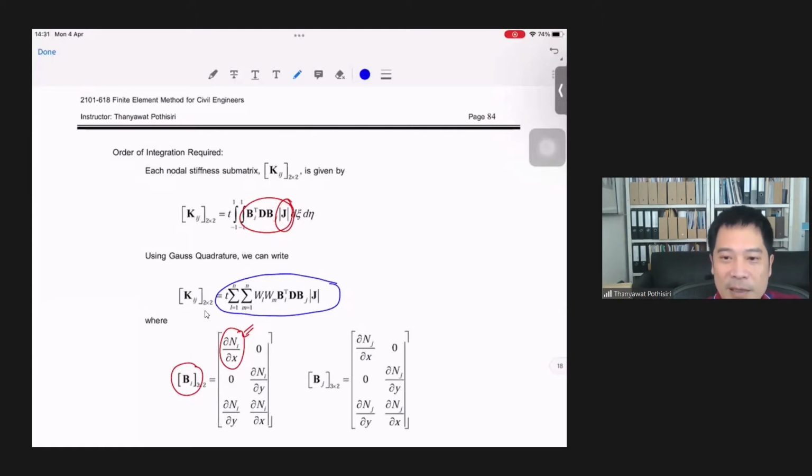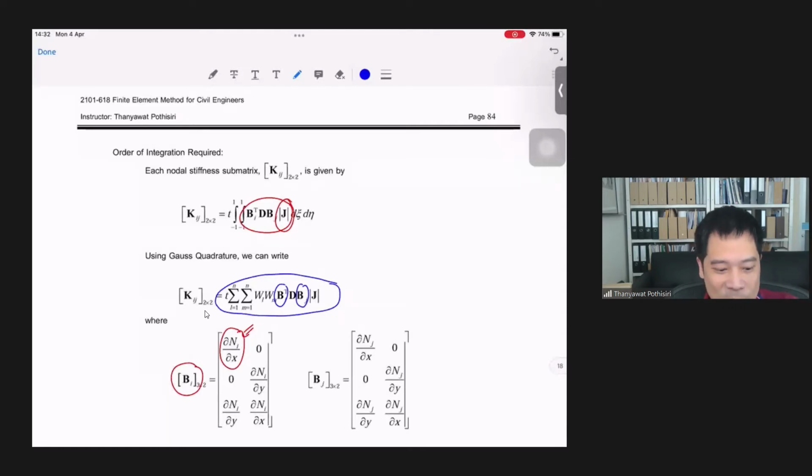So basically, you are computing the multiplication of different matrices, right? Each of these matrices, the B matrix, needs to be evaluated only at the sampling point based on our numerical integration scheme.